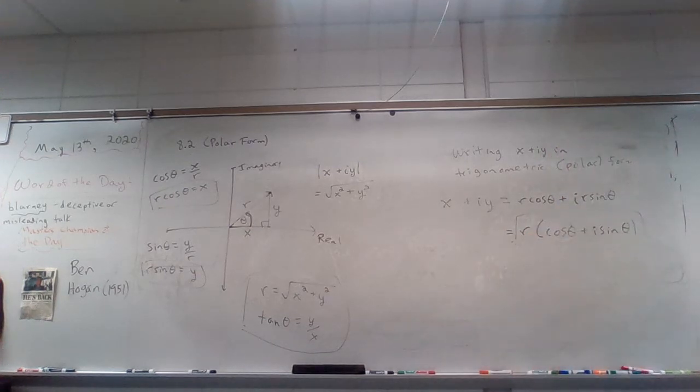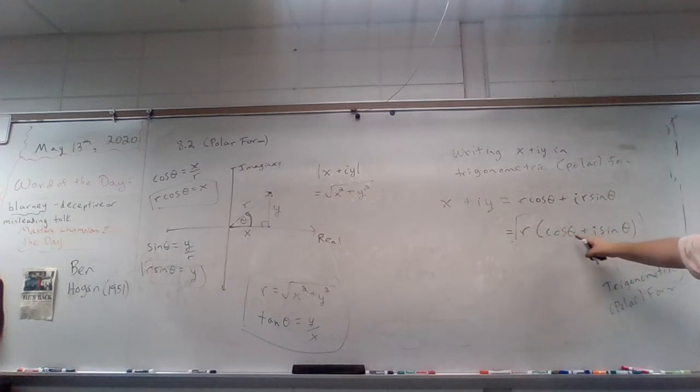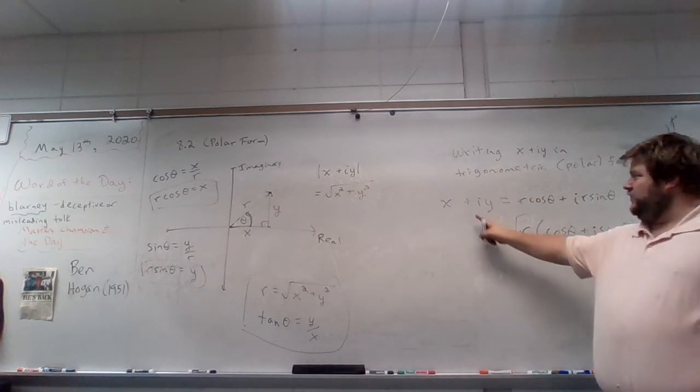Now, this is called the trigonometric form. Just to be really clear. And what we want to do is take a complex number, and I want to rewrite it in this form. Or we may take a number in this form and rewrite it in the other form.